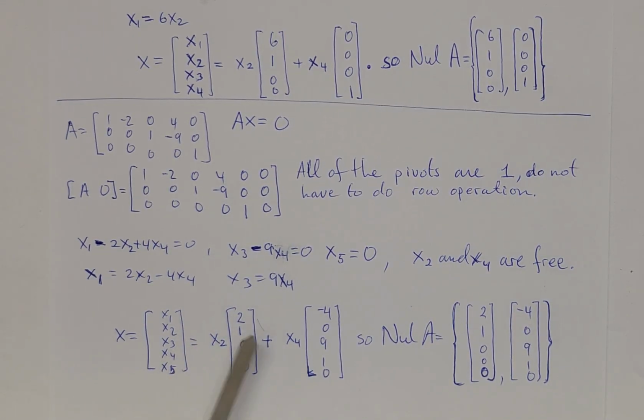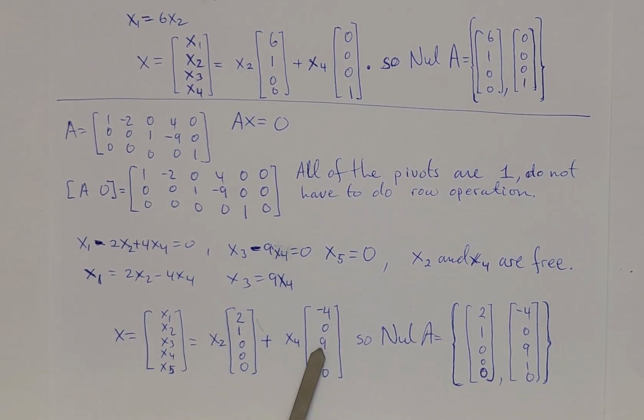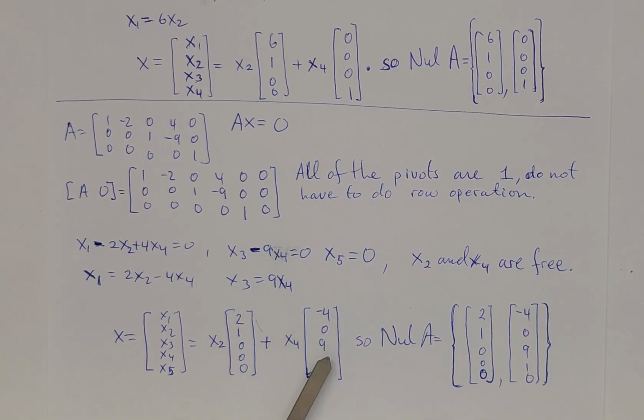Okay, so list out all the terms based on the x. And these are the vectors that span the null space. One more time, these are the two vectors that span the null space.